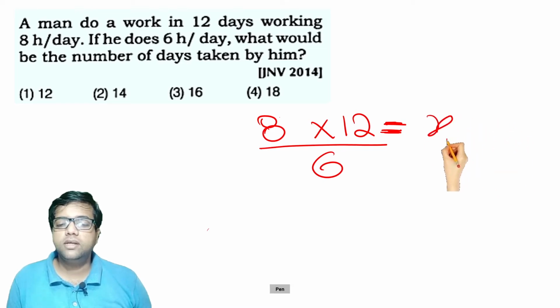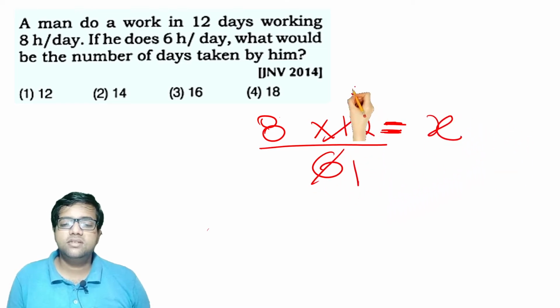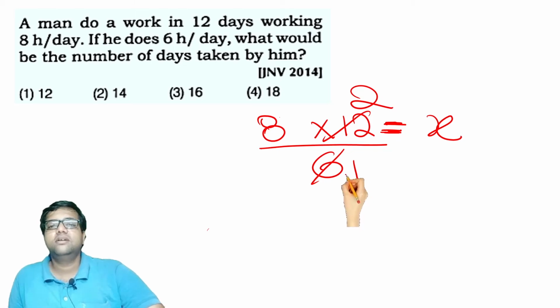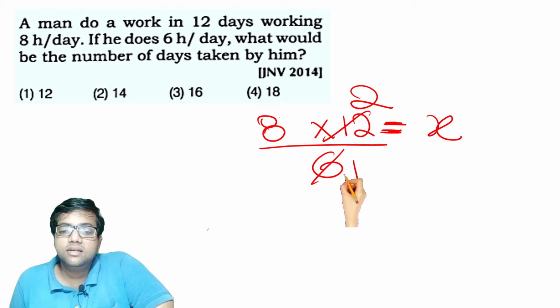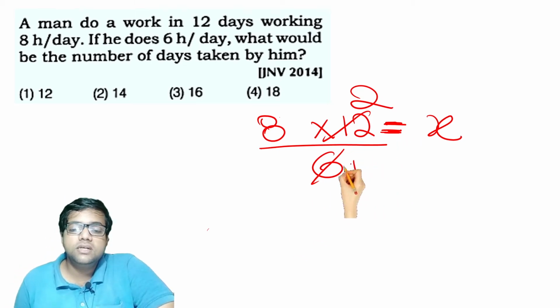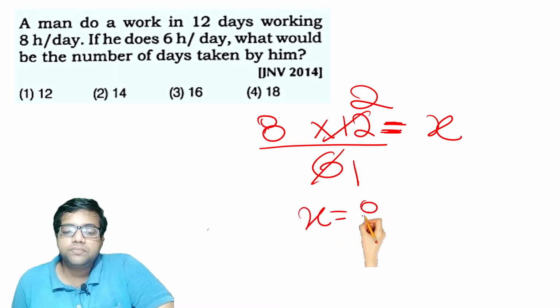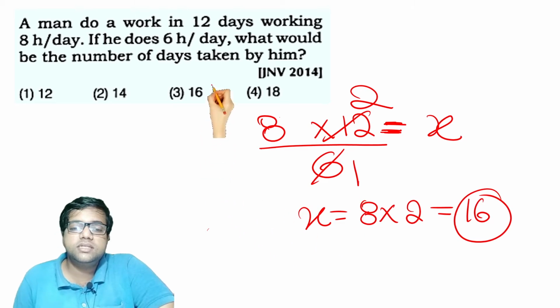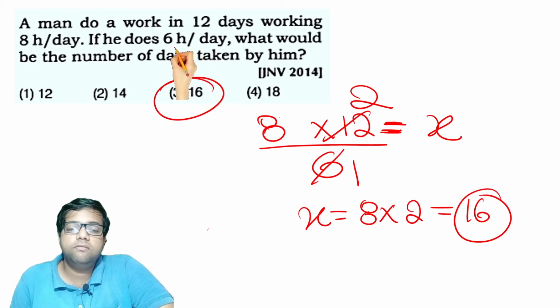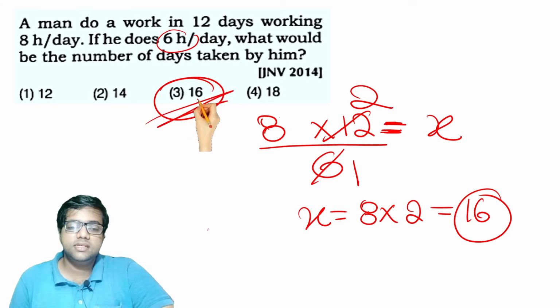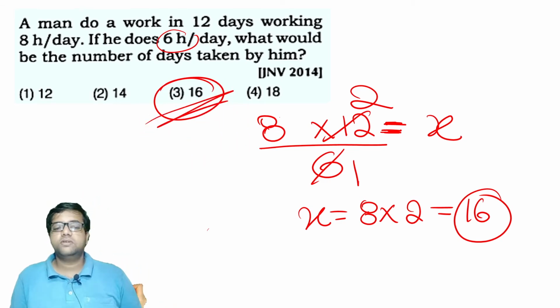So you are left with only x. 6 1s are 6, 6 2s are 12. Here also you are doing the same thing, right? You are cancelling them out. So x is equal to 8 into 2 is equal to 16. So 16 days he will take while he is working for 6 hours a day. So 16 days is the right answer for this question.